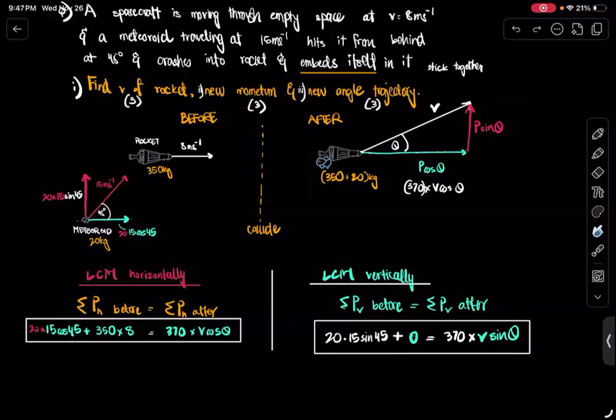Any ideas? We don't know what theta is, theta is unknown. But how are we going to find theta? We need theta to find V, and we don't know either. If we had theta, it would be so easy to do.